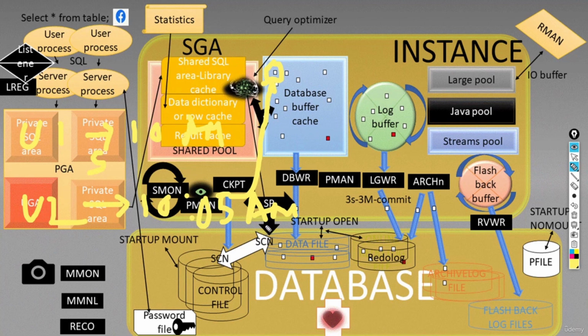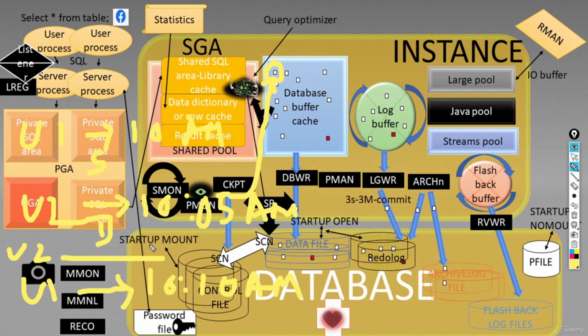User 1 is still accessing it at 10:05 a.m. User 2 is deleting some records from the same data block. User 1 is accessing this particular data block till 10:10 a.m., and user 2 has deleted the records from 10:05 till 10:09 a.m.